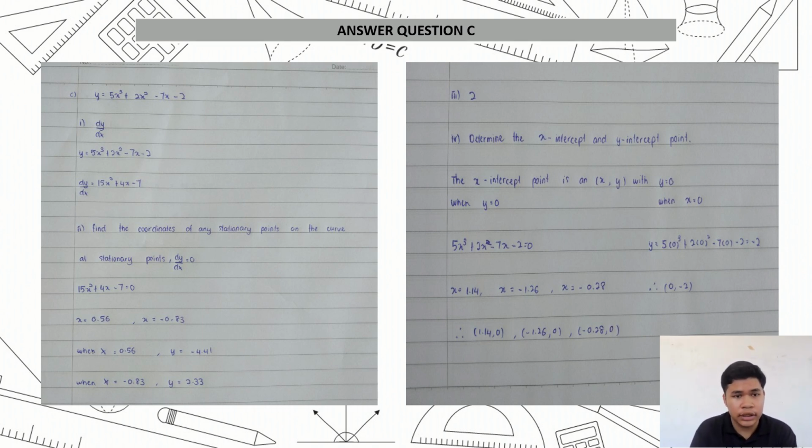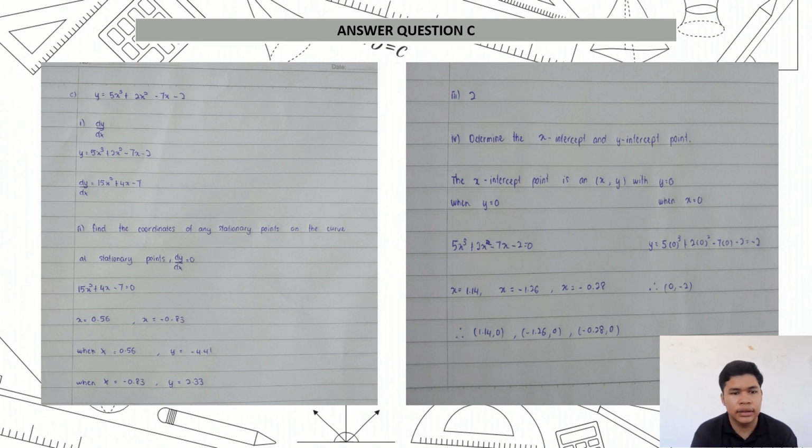Question number 2. Find the coordinates of any stationary points on the curve. At a stationary point, dy over dx equals 0. So 15x squared plus 4x minus 7 equals 0, and we solve it. x equals 0.56 and x equals negative 0.83.